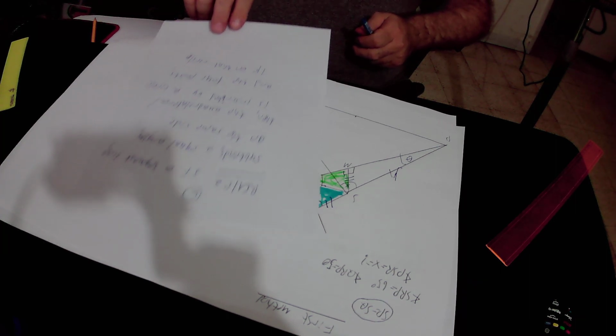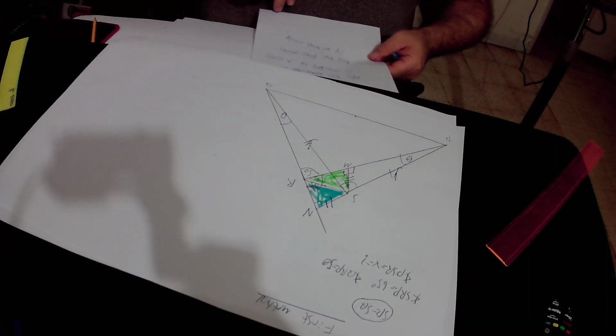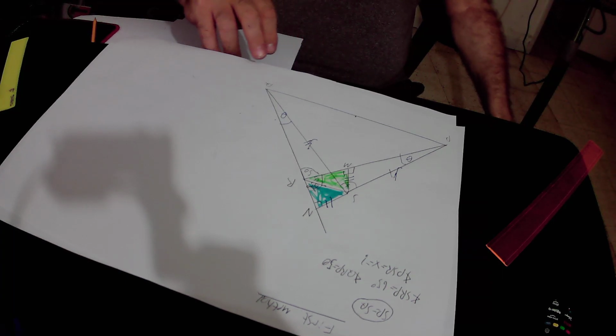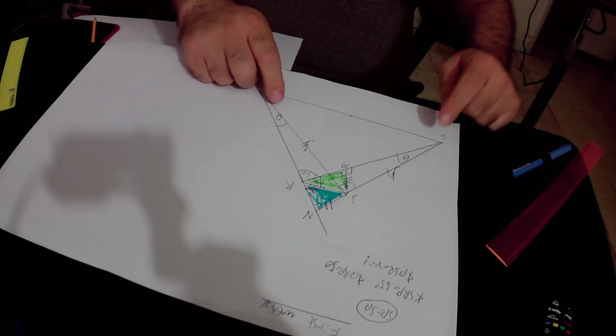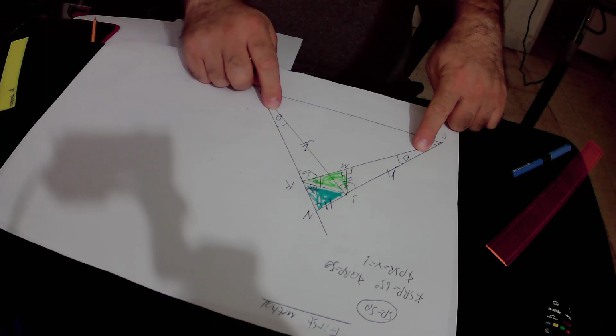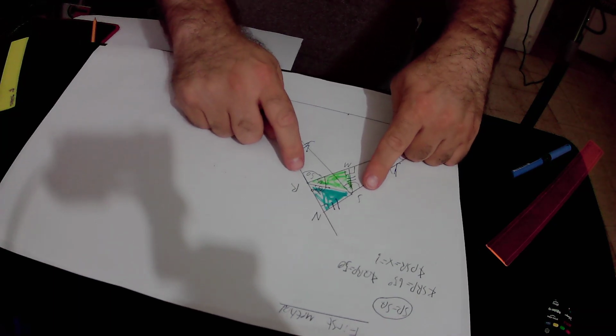So we can implement this rule in our drawing, because we have two equal angles. Both those angles are equal to theta, and both subtend the same segment line SR.